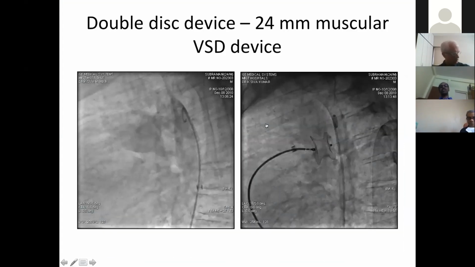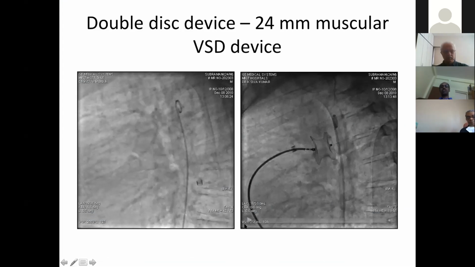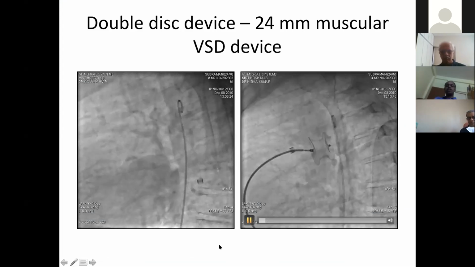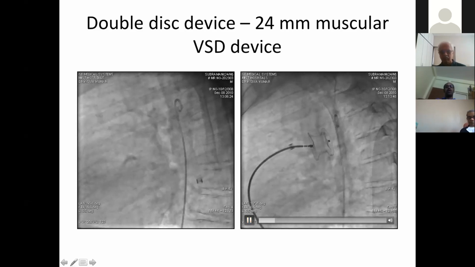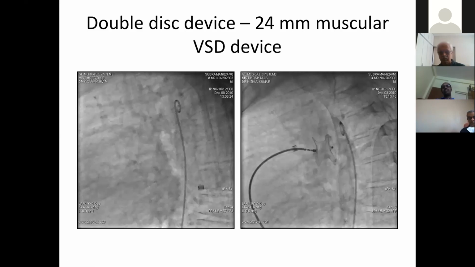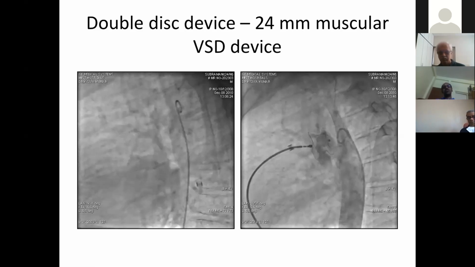So this PDA gets closed by a large muscular ventricular septal defect device. The rules that were bypassed: absolute PVRI on oxygen was 9.6, basal desaturation of 92%, even though both upper and lower limbs were 92% desaturated.